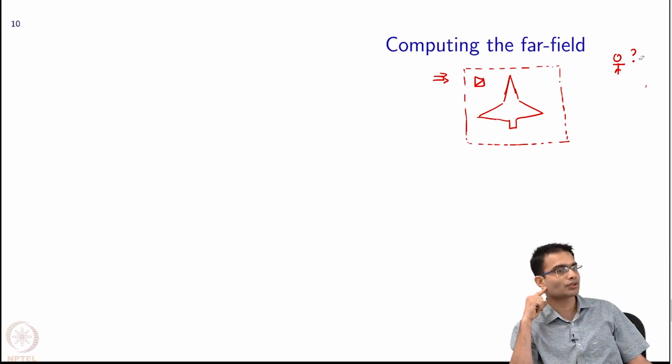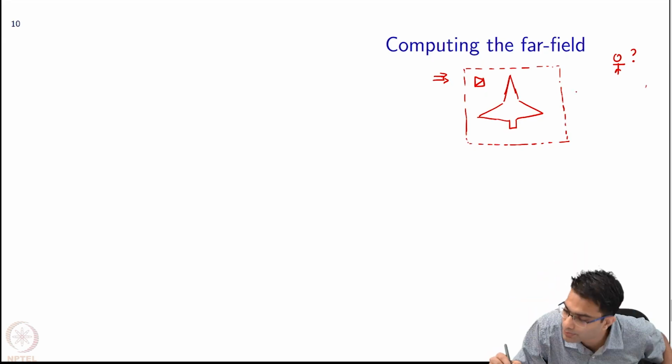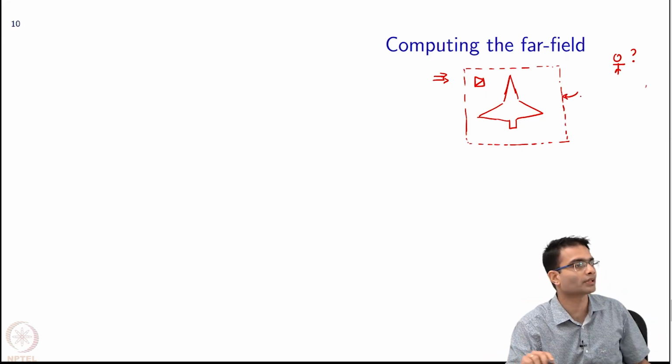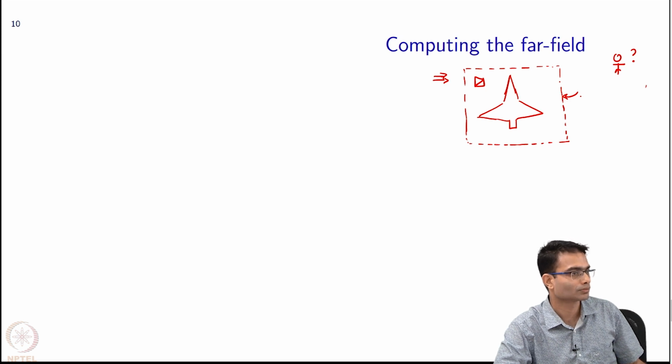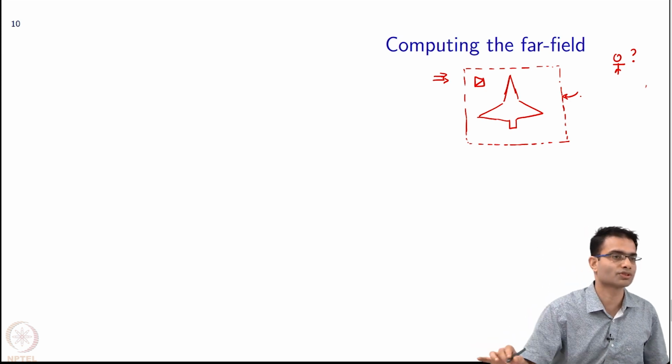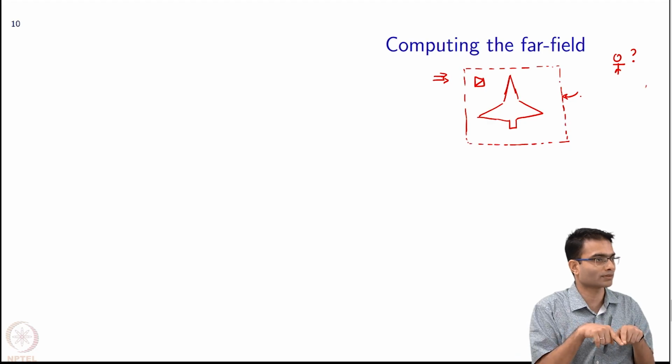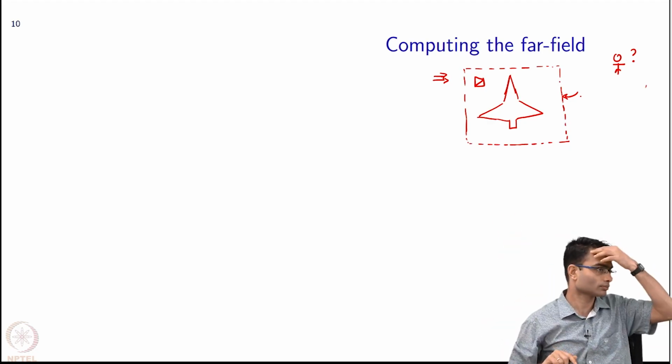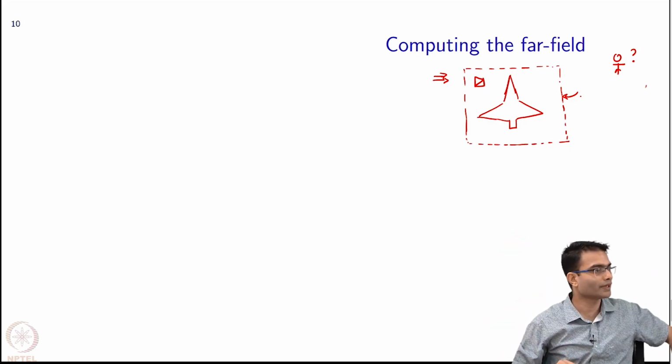Do I know the fields on a closed contour enclosing the object? I do. For example, this boundary itself is a closed boundary enclosing the object. So I can use this boundary. I have calculated the fields over there. I can use that to apply Huygens principle and find out the field anywhere.